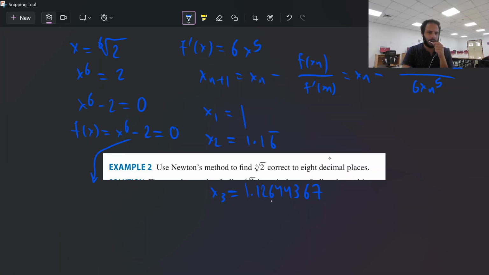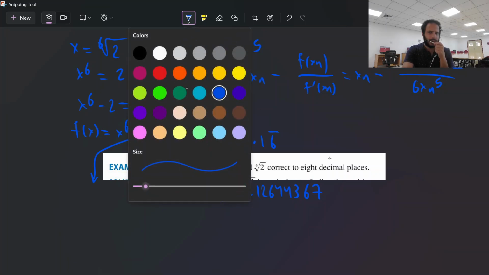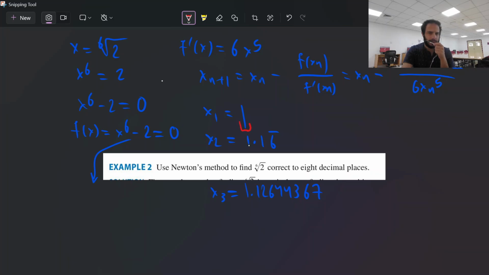Now, how to know which digits are correct? I will show you. Here you have 1, here you have 1, right? So you know that this one is correct, because each time the solution gets closer to the value. So if you have 1 in both of them, then 1 is correct. Now next, see x2 and x3.